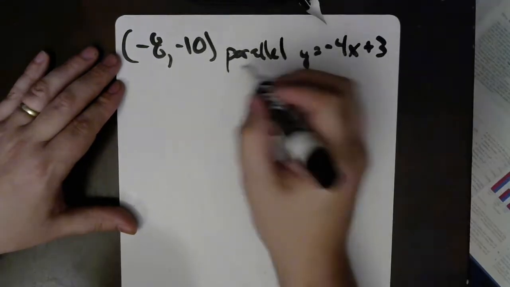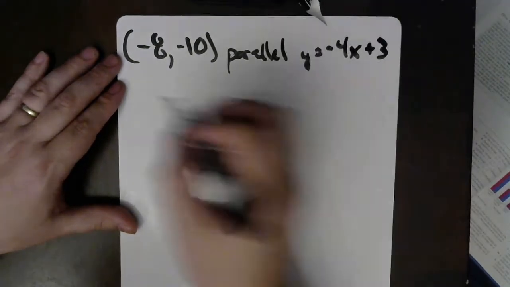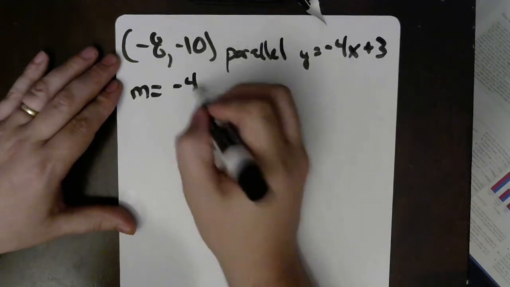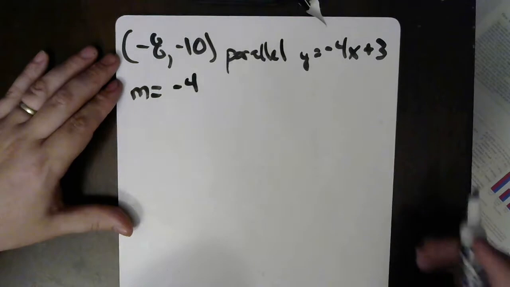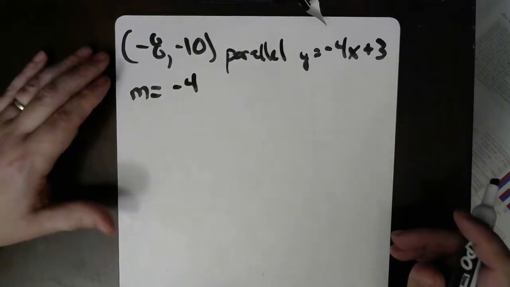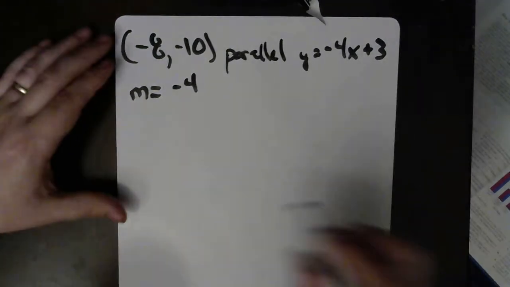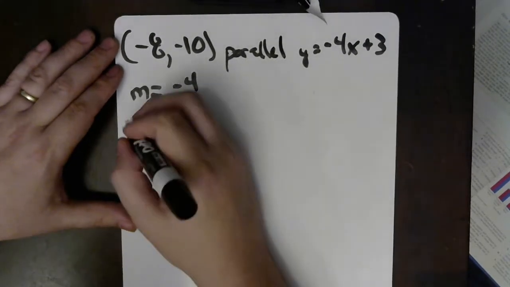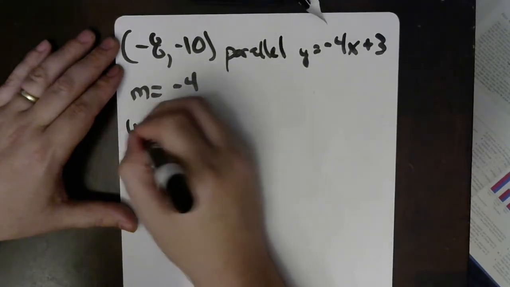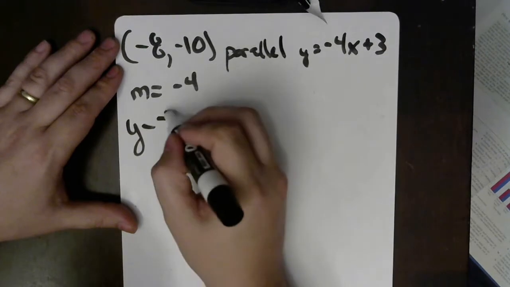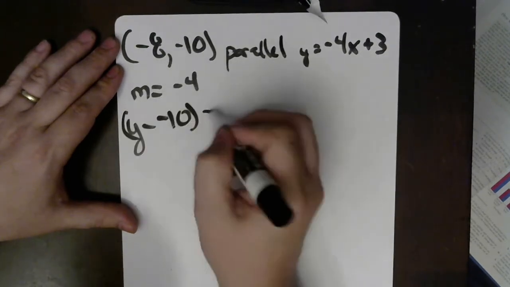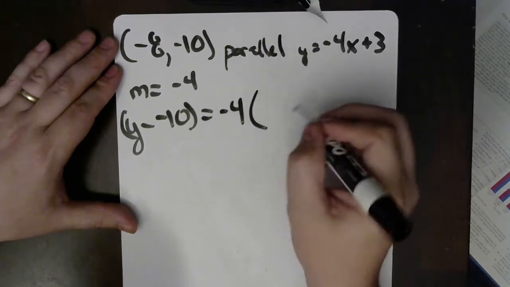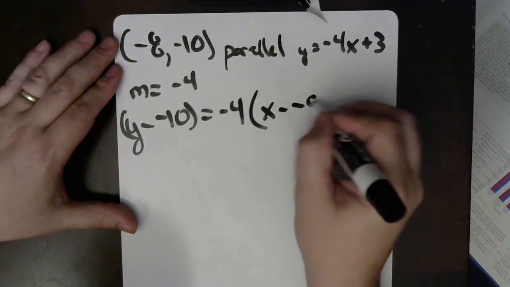Now, parallel means that our slope is the same, so what is our slope? Our slope m is -4. So we are going to need to use our point-slope formula. y minus -10 equals -4 times x minus -8.